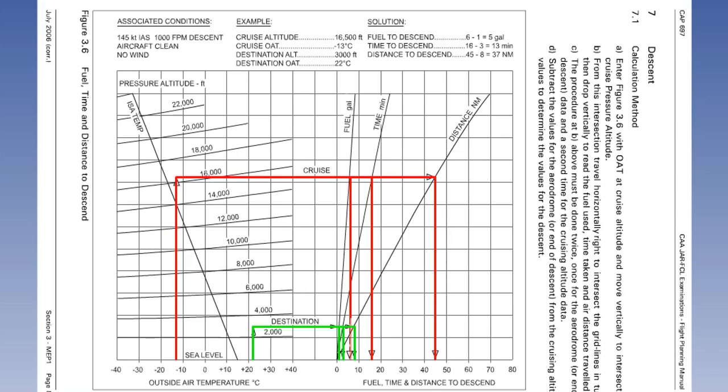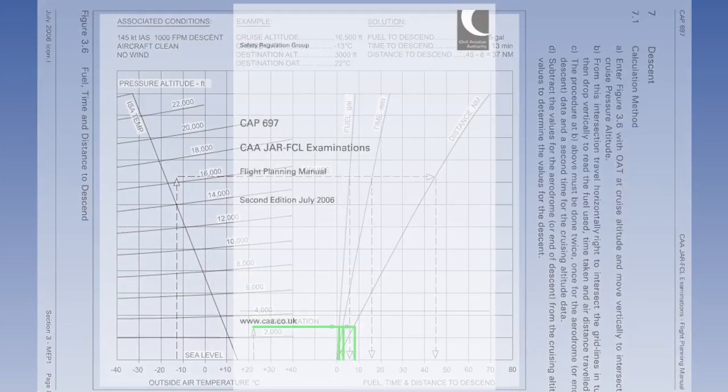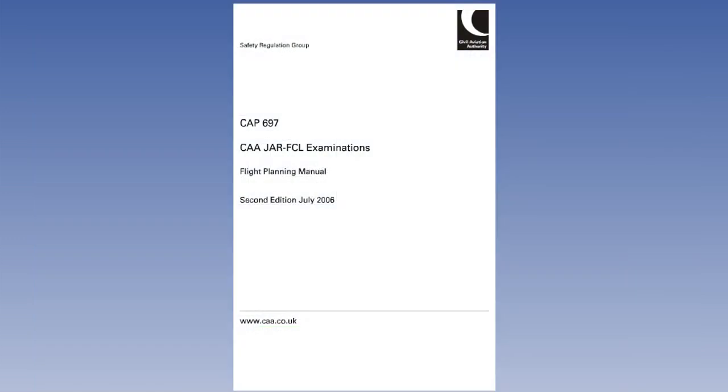Subtract the values found from the corresponding values for descent to mean sea level. The result gives the values for descent from the cruise altitude to the airfield. Once again, it may be necessary to correct the distance to nautical ground miles. This concludes the explanation of the graphs for the multi-engine piston aeroplane.